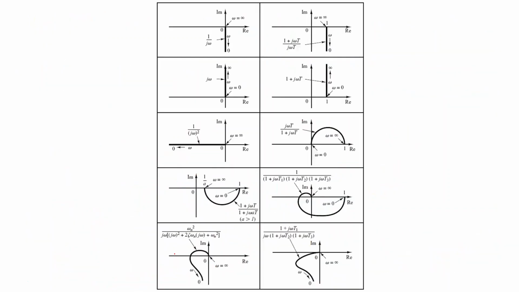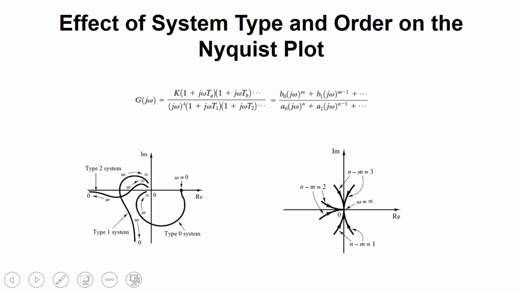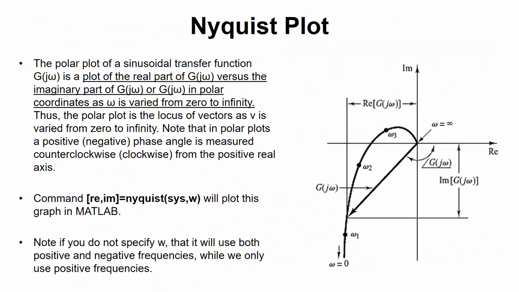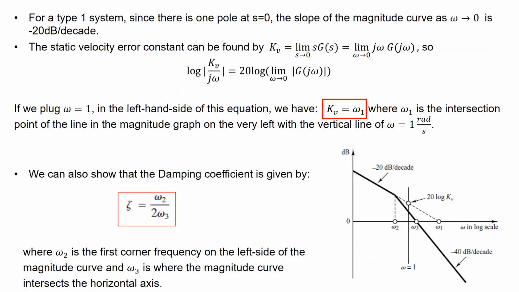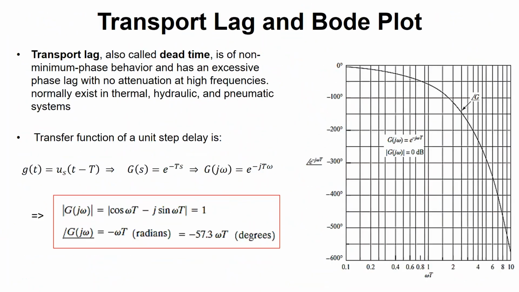But now that we have a delay, does it make any difference in the Nyquist plot? What was the effect of delay, if you remember, in the Bode plot? Yes, it was a continuous increase in the phase as omega goes to 0. If you remember, this was this guy here, right? This is the slide, Transport Lag and Bode plot.